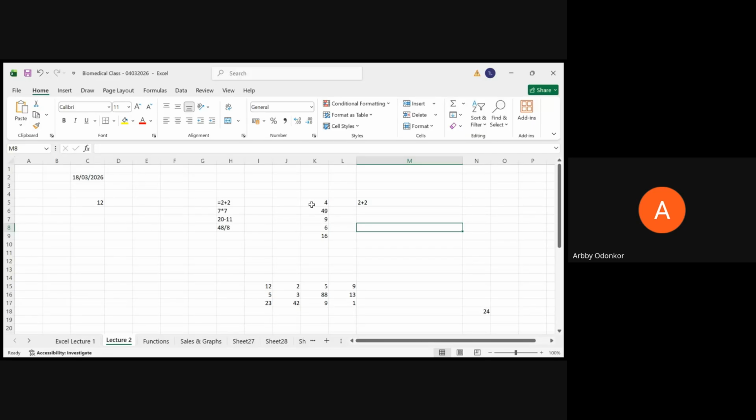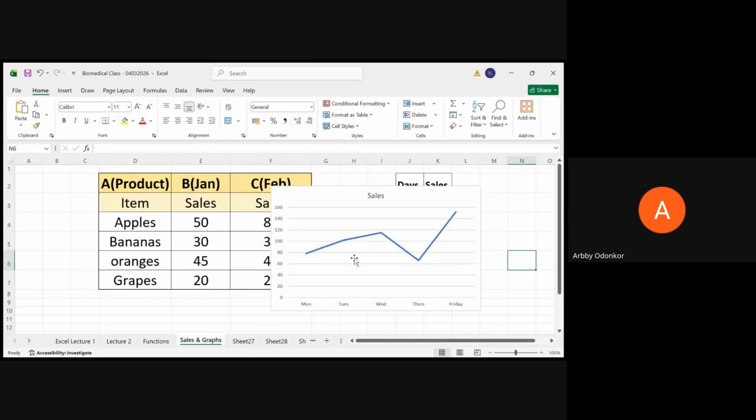If you want to do a calculation, you type equals, and this one is times, like that. So you understand the functions and how to do calculations. We've also done the graphs. Remember last week we did graphs. Can you see? Yes, please, we can see.